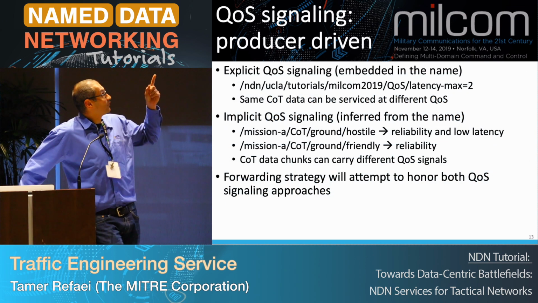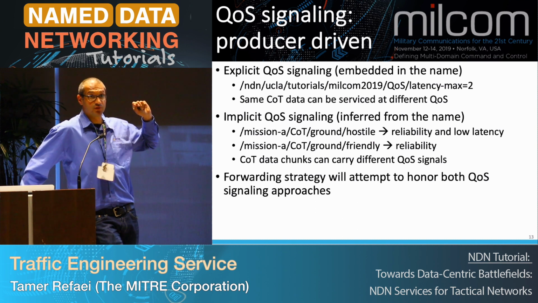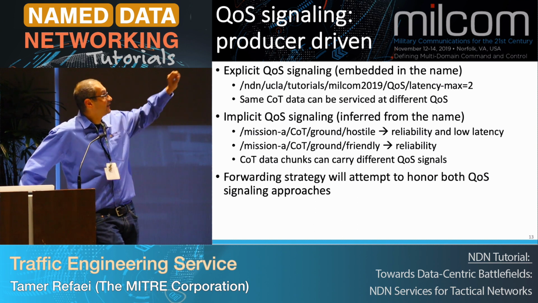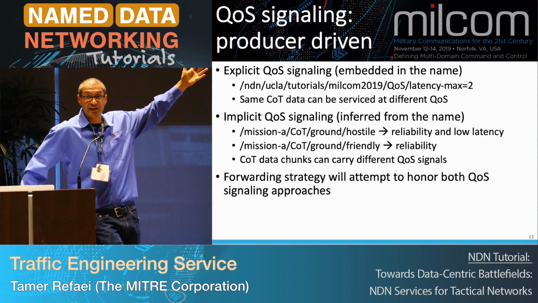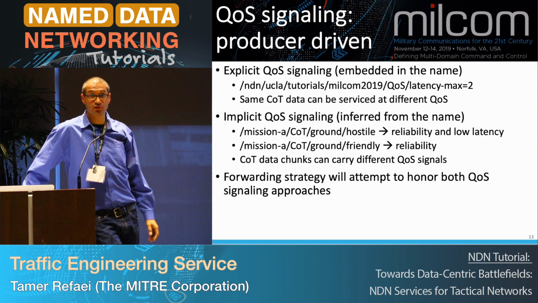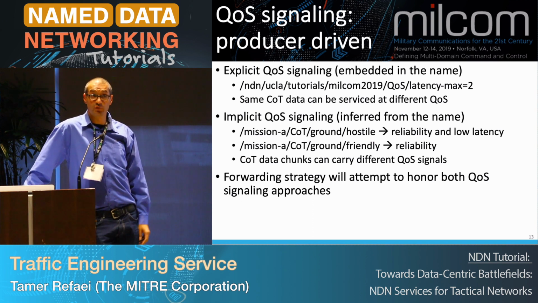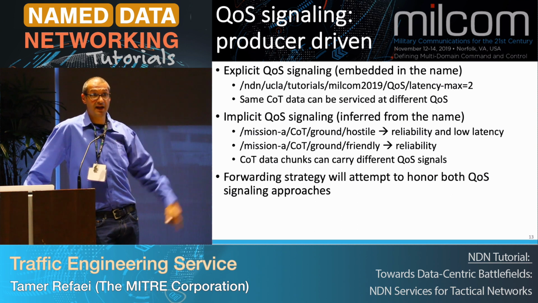So this notion of QoS signaling, when it's producer-driven, right? When I'm producing data, I give it a name, and in that name I could actually put some of these quality of service requirements, so that when a forwarder is looking at the name of the packet, it can infer from it what type of treatment you want to provide.